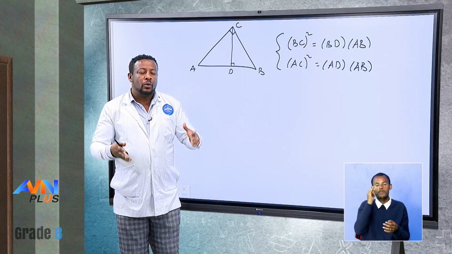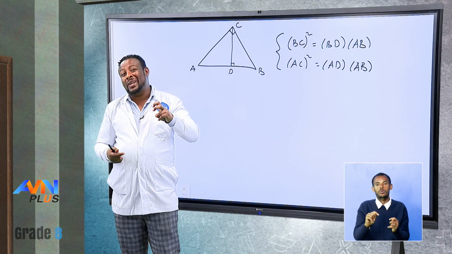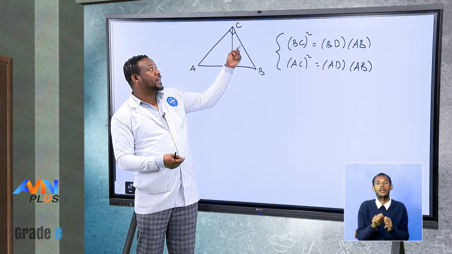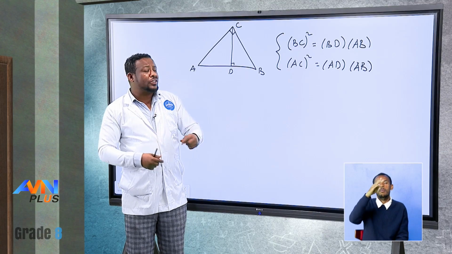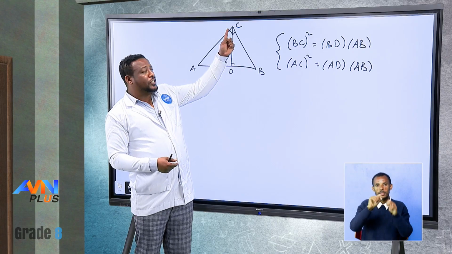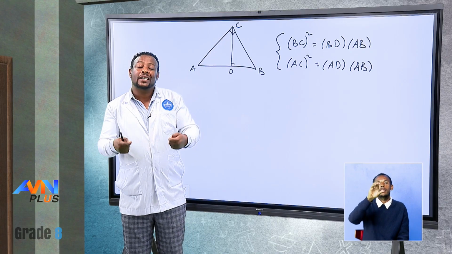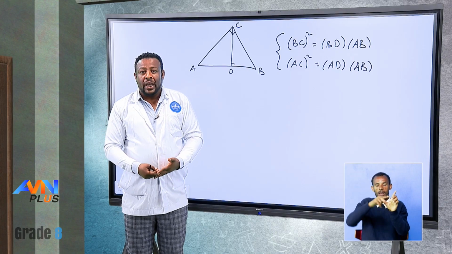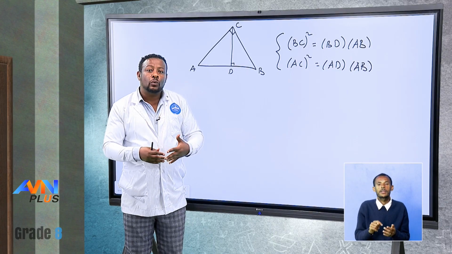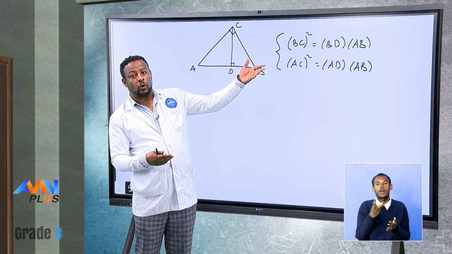If you remember, we picked out two similar triangles from this triangle ABC. One is triangle ABC, which is similar to triangle ACD by the angle similarity theorem, and that similarity helps us derive one of the formulas.